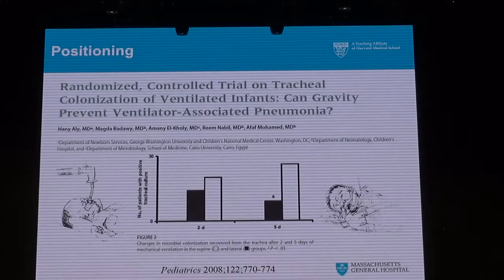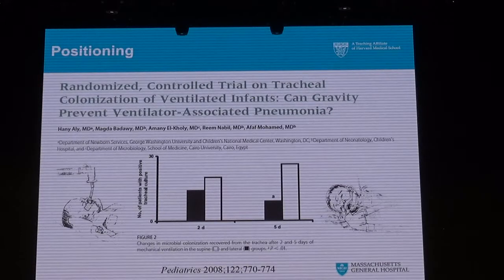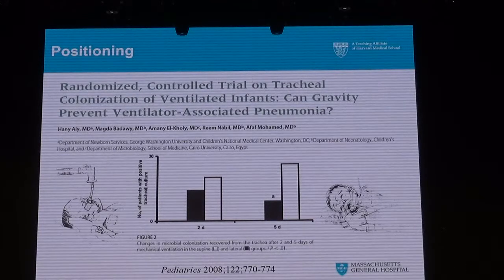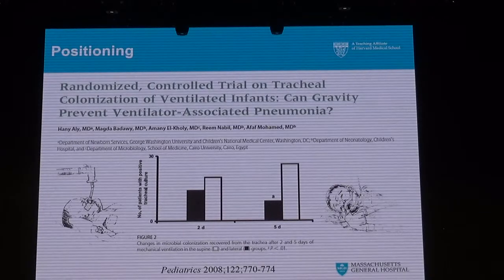And this was in pediatric patients, a group from a children's hospital at George Washington University in the Washington DC area. They studied intubated newborn patients, kept either in the upright position or the lateral position, and showed a decrease in infections in terms of pneumonia.